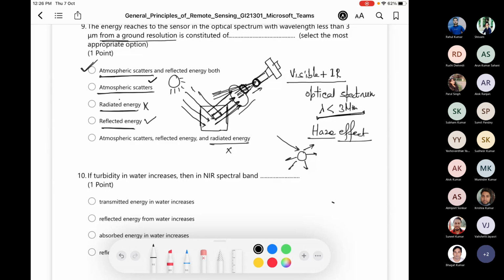In the first photograph, you can clearly see the terrain in RGB, while in the second case, you noticed one layer kind of thing, due to which the contrast in the image was decreased. I told you that this happens due to the addition of atmospheric scatters in the total energy that reaches the sensor from each ground resolution cell.